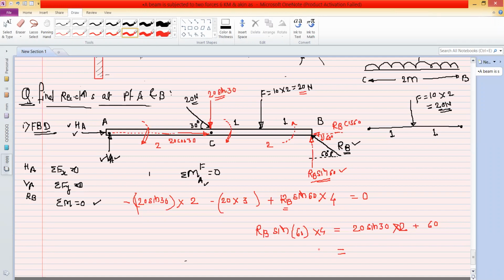And you can solve this equation and get the value of reaction RB. So the reaction RB is equal to 23.094 Newton. Okay.